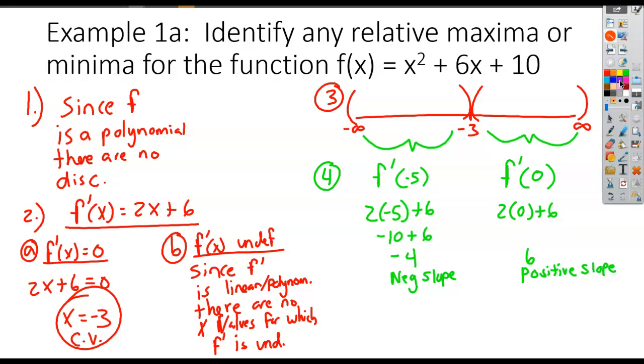Now, step 5, I've actually already kind of started. Step 5 is where we're actually working this out. So step 5 is where you plug it in, and we see that we have a negative slope and a positive slope. If you have a negative slope, that means your function is decreasing, and if you have a positive slope, that means f is increasing.